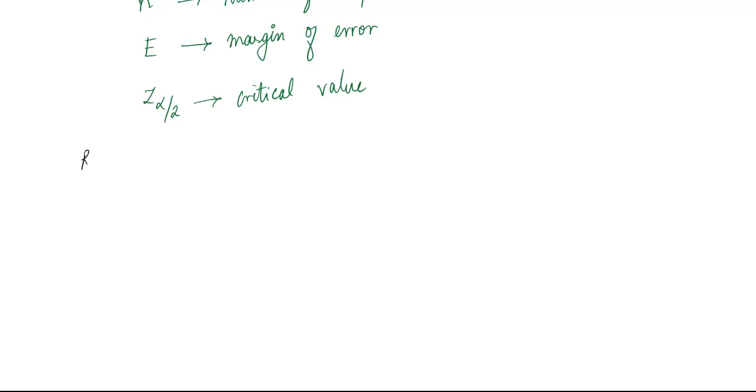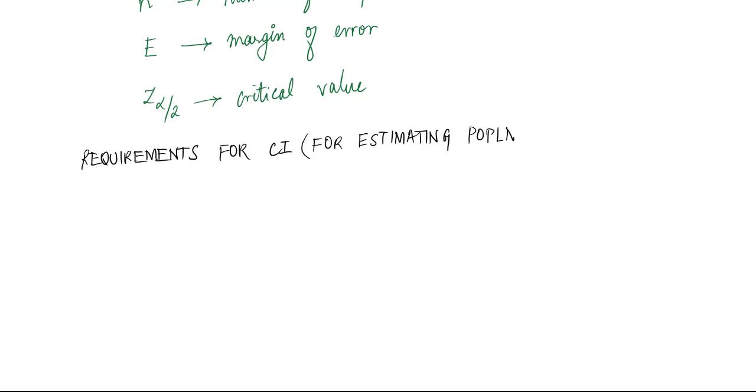So I'll just say requirements for a confidence interval for estimating a population proportion P. Please understand that we will have another setup for the population mean.